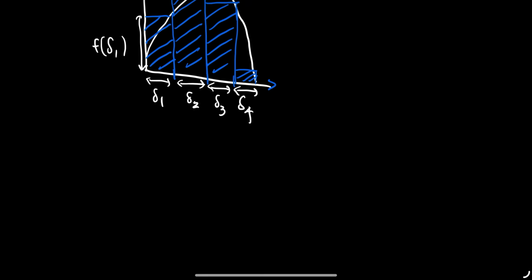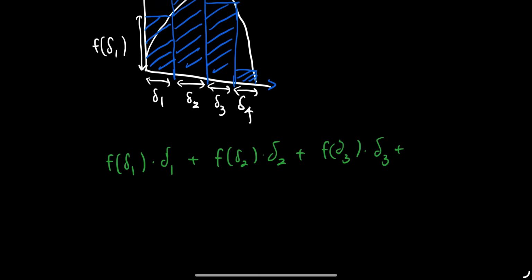So by this theory, we know that the sum of all these rectangles is just delta 1 times f of delta 1, plus f of delta 2 times delta 2, plus f of delta 3 times delta 3, plus f of delta 4 times delta 4.